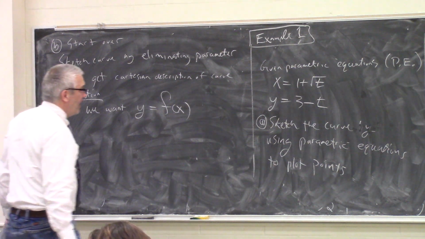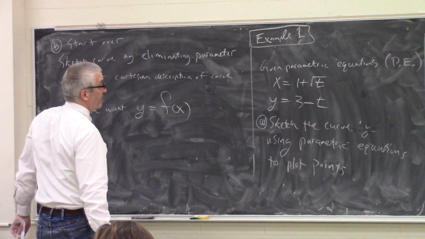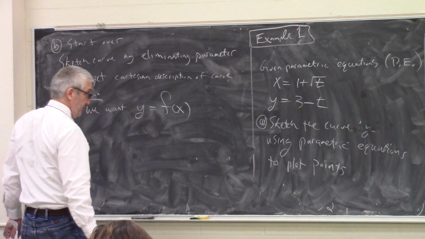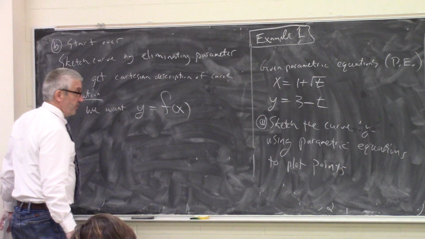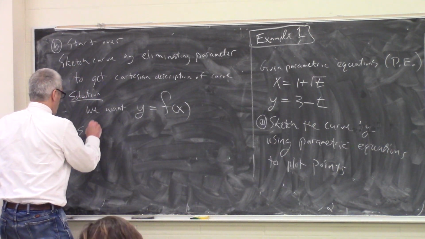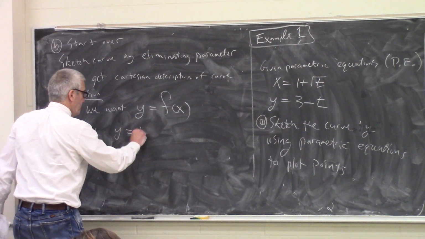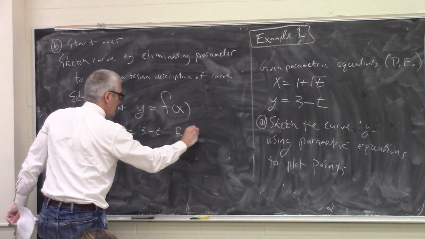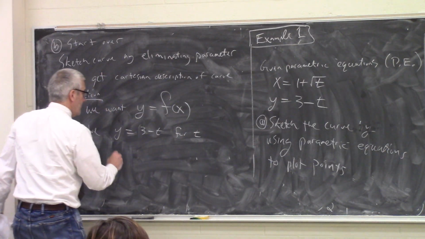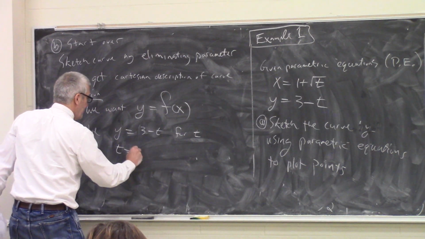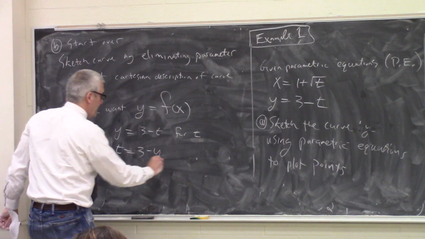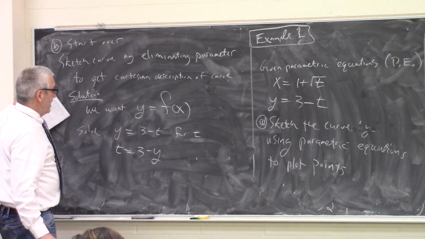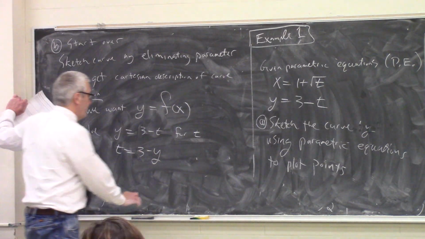Well, for now, let's solve the second equation. This is different from the way that I did it before. Let's solve y equals 3 minus t for t. So t is going to be 3 minus y. I add t to both sides, and I subtract y from both sides.